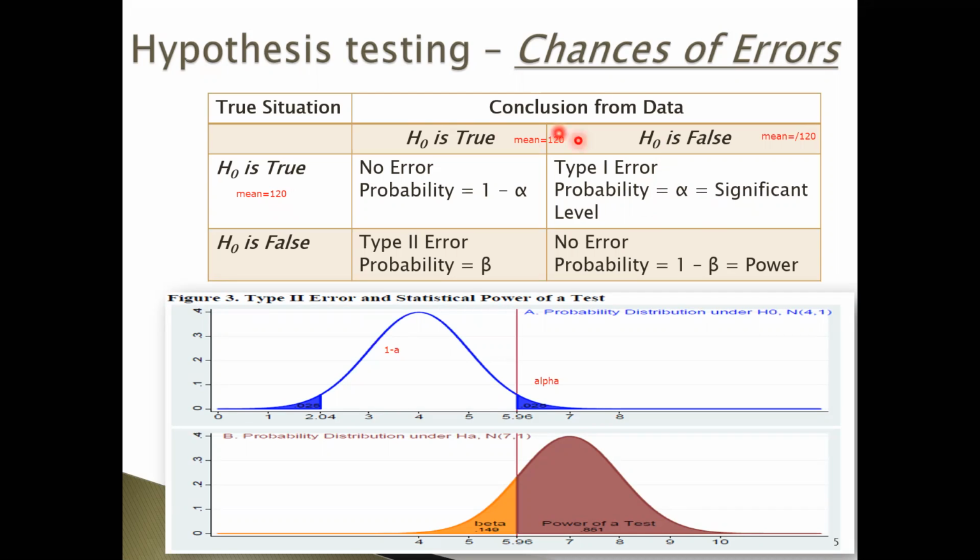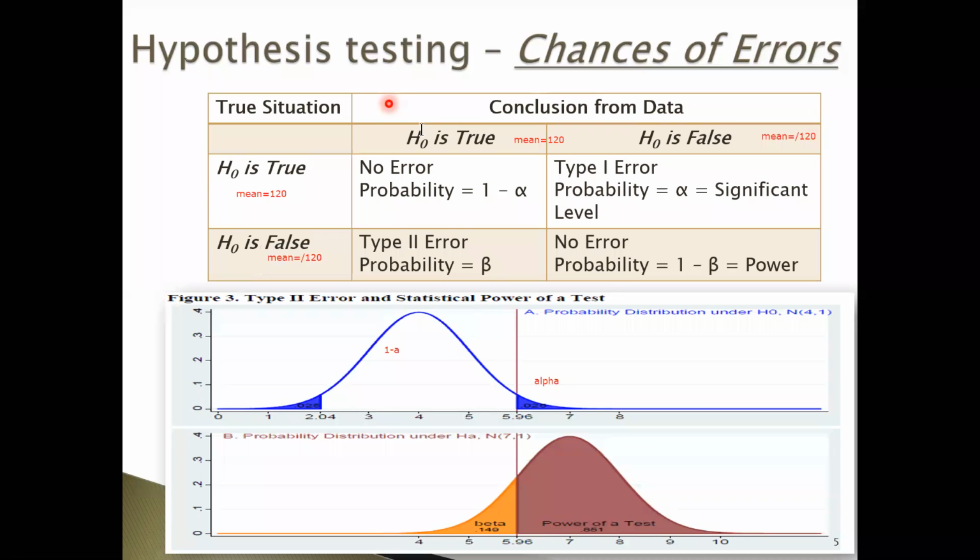There is another scenario where, in our population, our alternative hypothesis is true. I mean, you can say our null hypothesis is false. Take the example of mean is not equal to 120.